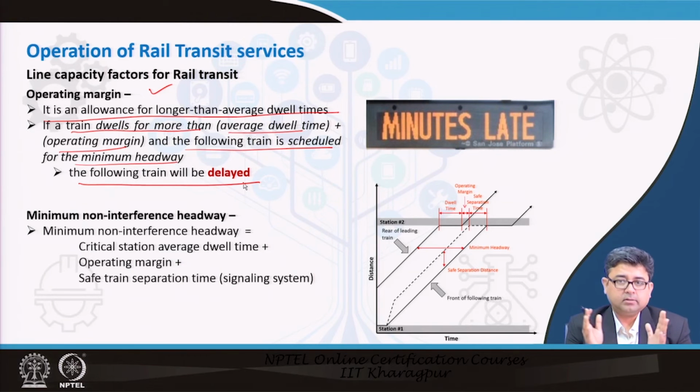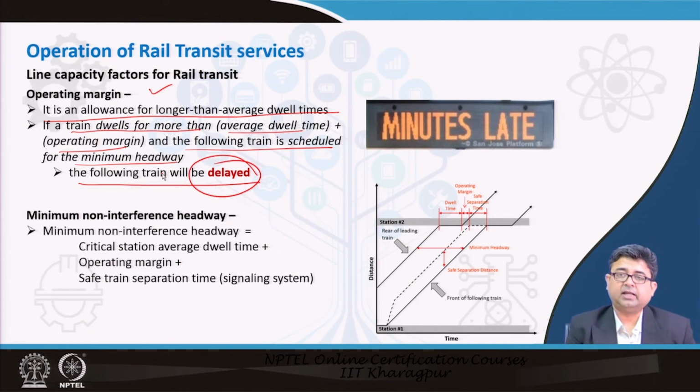However, you have to leave within the next half a second, because if you cross that buffer margin, then the train that is following you might be delayed, right. So, operating margin is always kept in mind very carefully when you are calculating how much dwell time each train should get at a station.